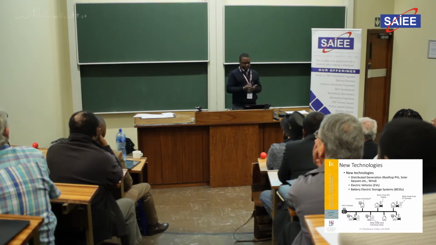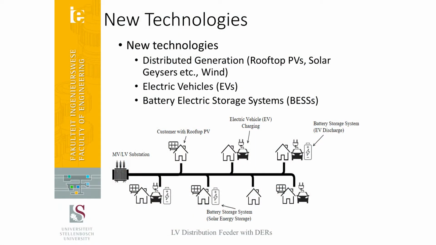Then new technologies. As we know, there is now a high penetration in some countries, and in South Africa still low, of rooftop PV, solar geysers, wind energy and things like that. Electric vehicles are some of the advancing technology that we are seeing on the networks, and as well battery storage systems.